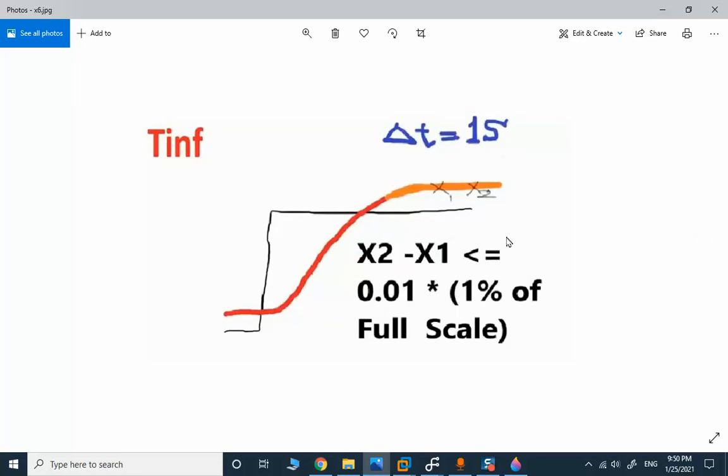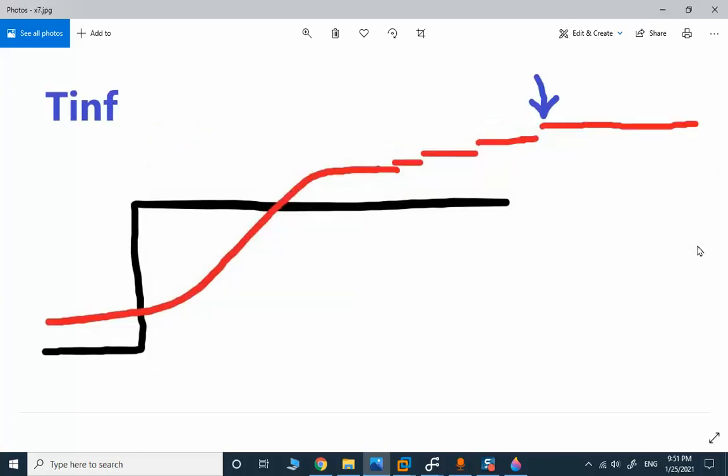There's another example here. In 1 second, if the difference is less than or equal to 1/100th multiplied by 1% of full scale. If you are not happy with this math, in order to determine T infinity, there is a simple visual clue.